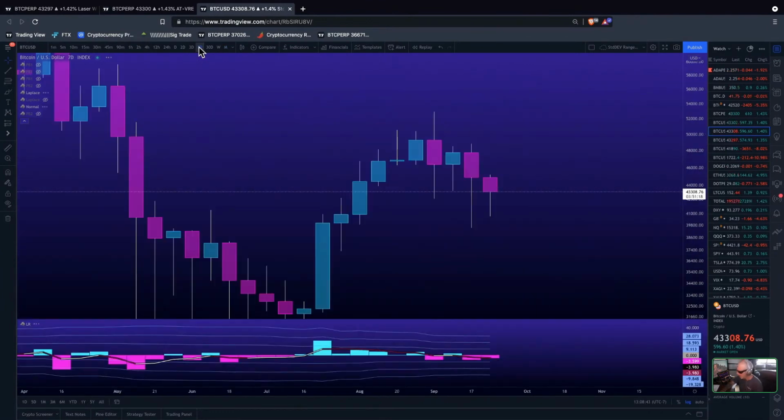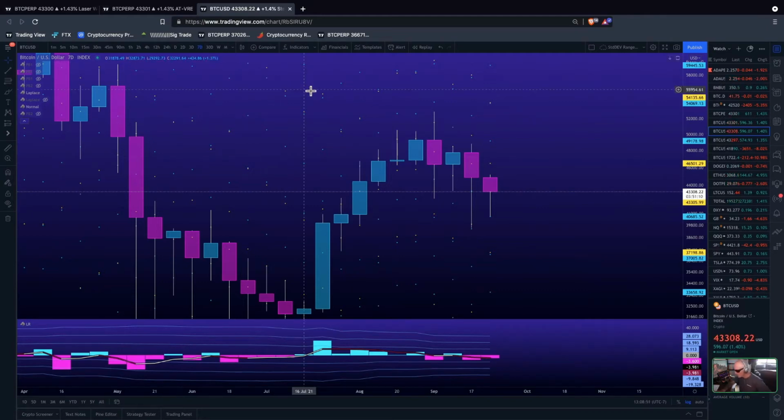Now, go to the 7-day real quick. See what's going on here. Well, look at that. Isn't this amazing how this works? This 7-day closes right at the end of the month, right? And probably towards the end of next week, Thursday, Friday, whenever it is. See that little blue dot right there?